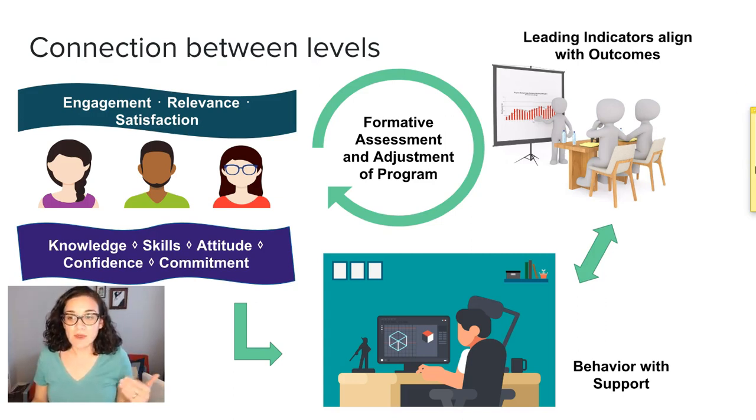So for the levels that are being assessed less frequently, I definitely feel that 1, 2, and 4 are assessed the most frequently, not necessarily correctly, and then the one that is neglected is behavior with support.